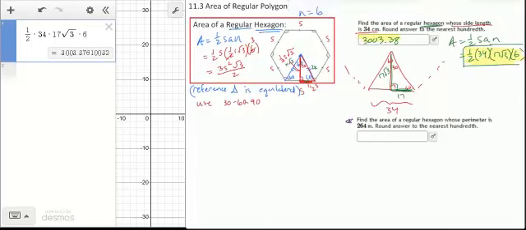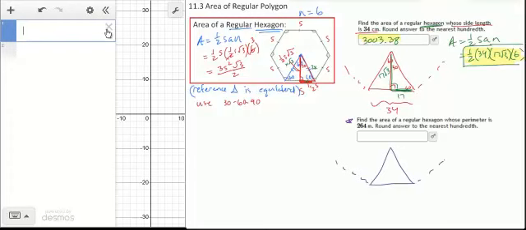All right, so for this final question, see if you can answer that. When you draw your reference triangle, because it's a regular hexagon, we have an equilateral triangle, draw in our altitude to create 30, 60, 90.